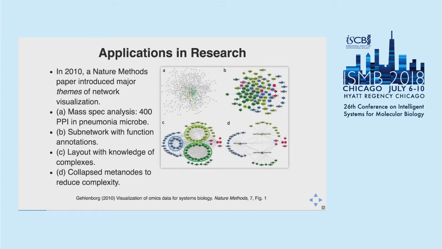So then what they did is they looked for known complexes. So prior knowledge about which of these proteins form a complex, and they grouped them together in these 3 circles. And that was getting better, getting some more structure that's a bit more informative. And then the last step they did is they collapsed these complexes into single nodes.